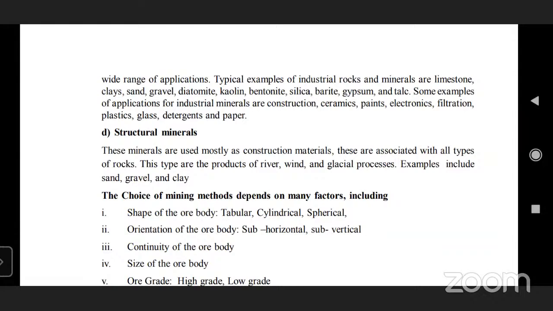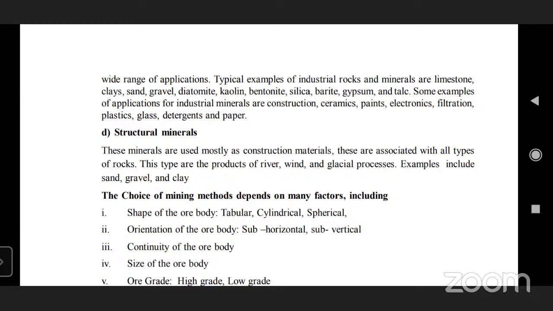So what are the geological materials which are used in the industries? They are limestone, clay, sand, gravel, diatomite, kaolin, bentonite, silica, barite, gypsum, and talc.